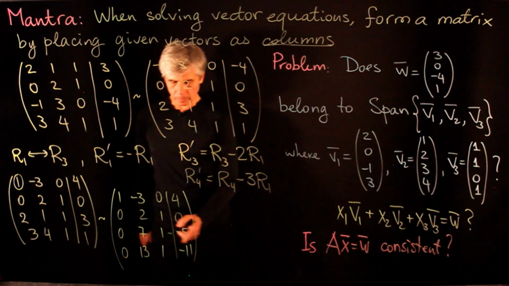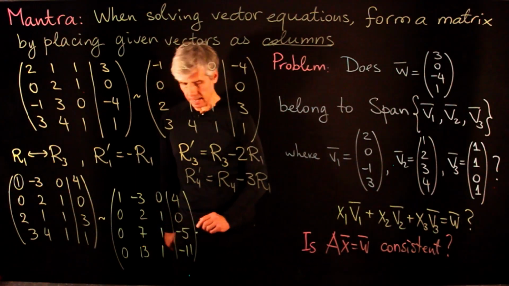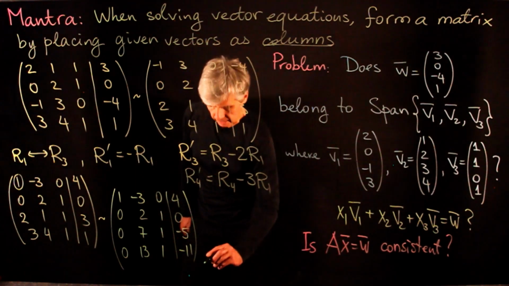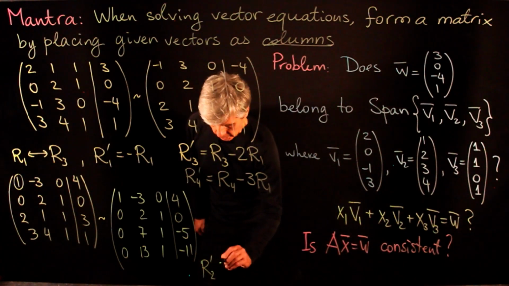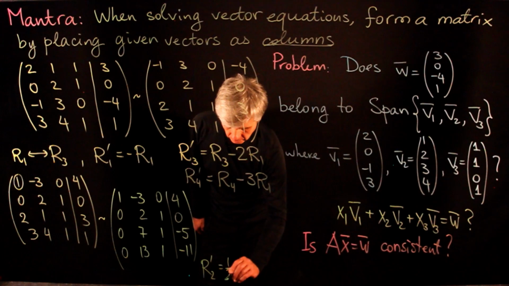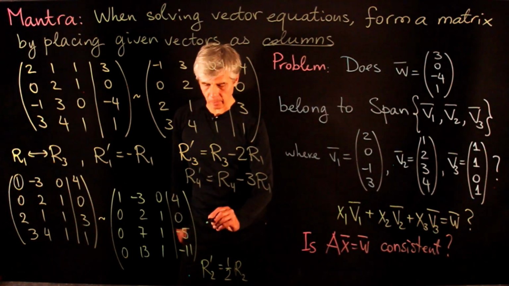Now, with this matrix, I want to create a pivot here. And what I can do is say that row 2 new is 1/2 of row 2. So we can multiply the second row by 1/2.